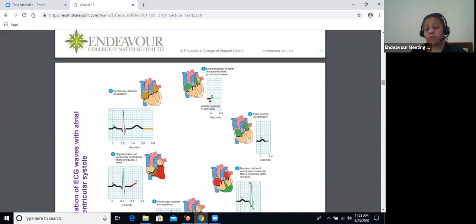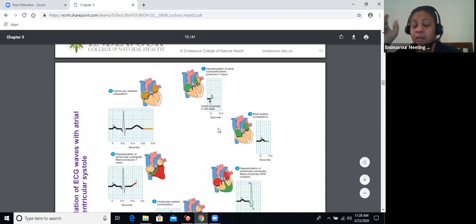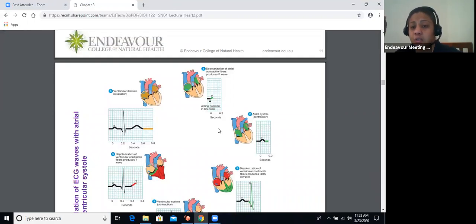If you remember from the cardiac cycle, in the early phase of your atrial systole, both the AV valves and the SL valves are closed. Towards the end, just about in the last 1 second of the atrial systole, the valves open up and the blood rushes into the ventricles.